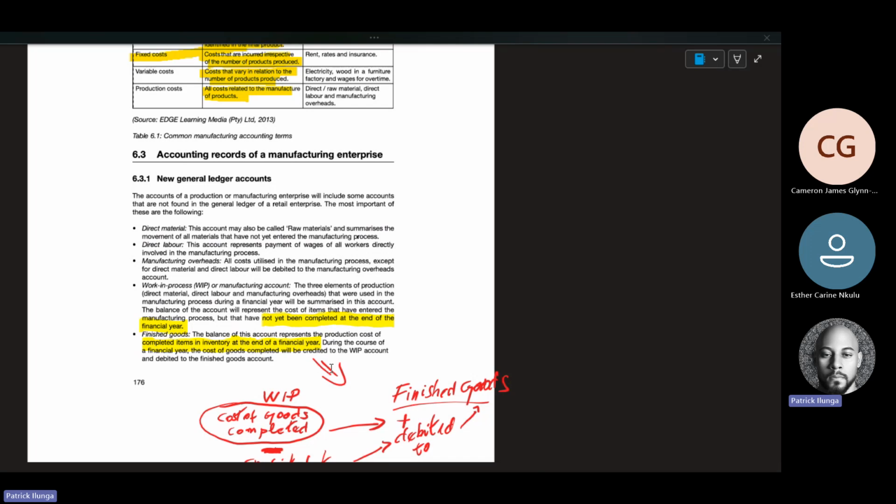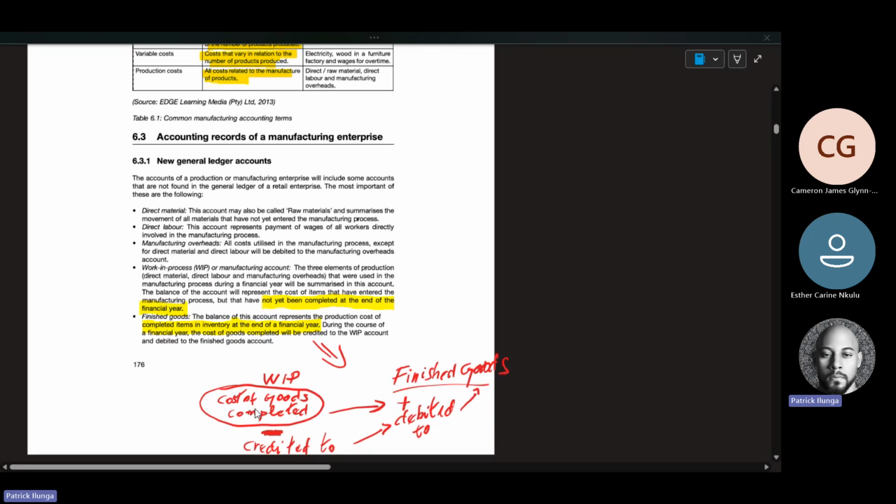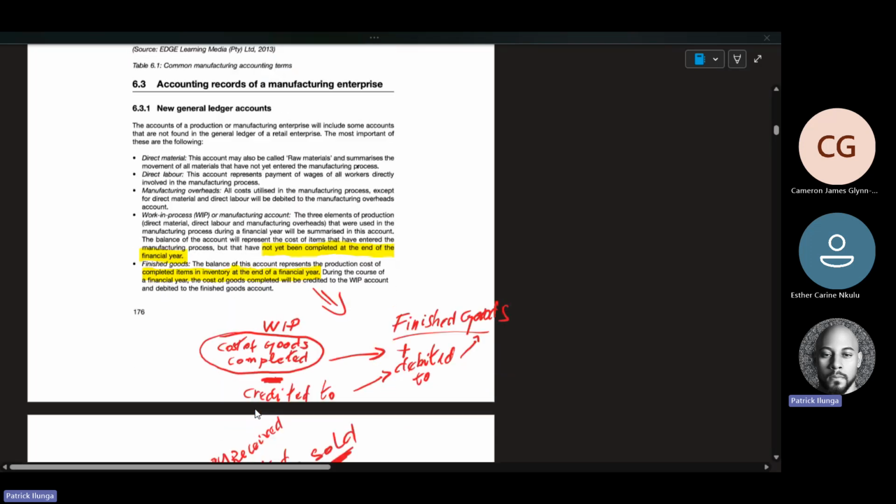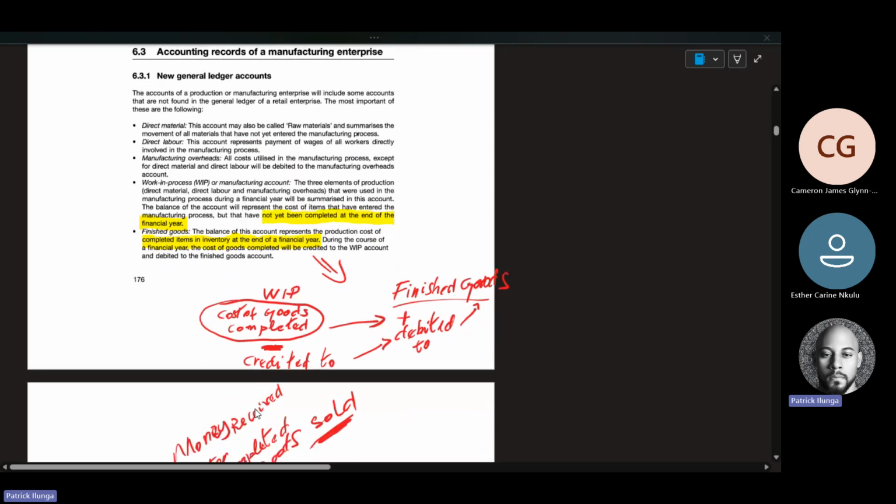You know the three musketeers by now, because you've heard me in the recording referring to them: direct material, direct labor, as well as the manufacturing overhead. I don't need to come back to them because you know them. But you've also heard about this work in process.